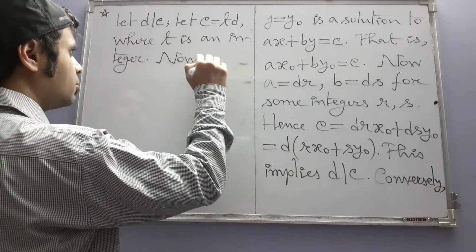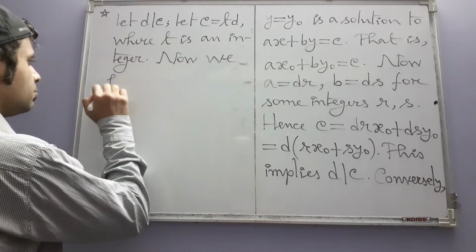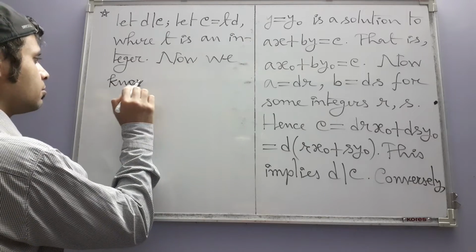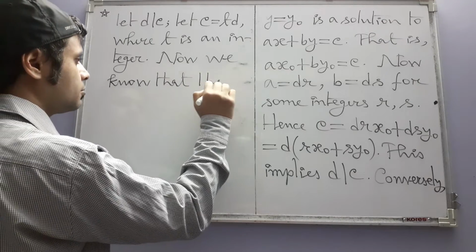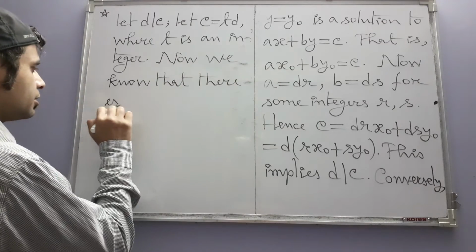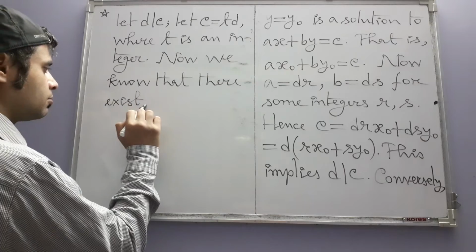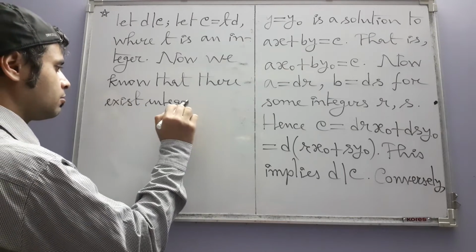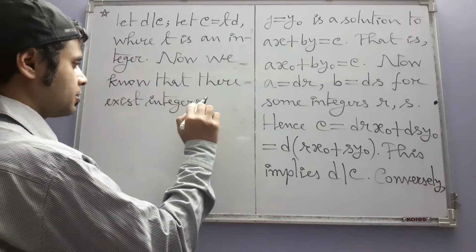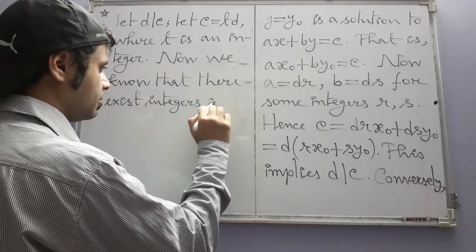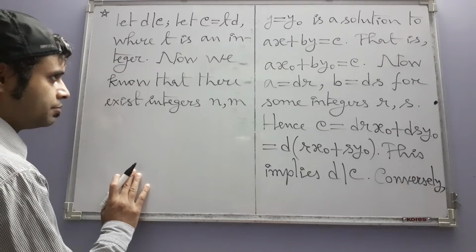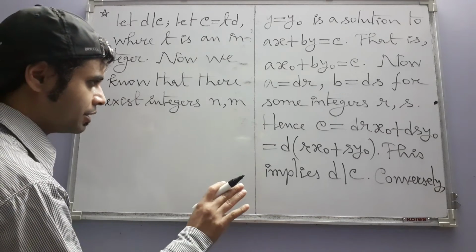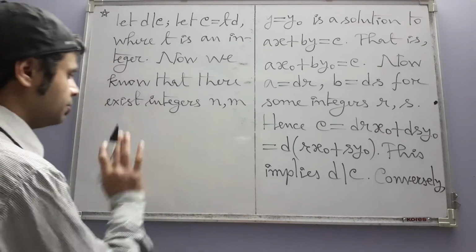Now we know that there exist integers, what should I call them? Let us call them n and m. We don't have any n and m here, no?